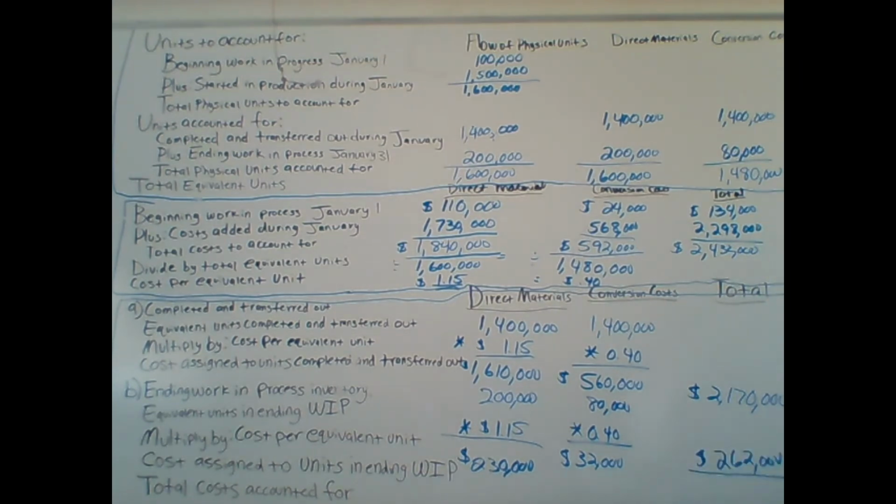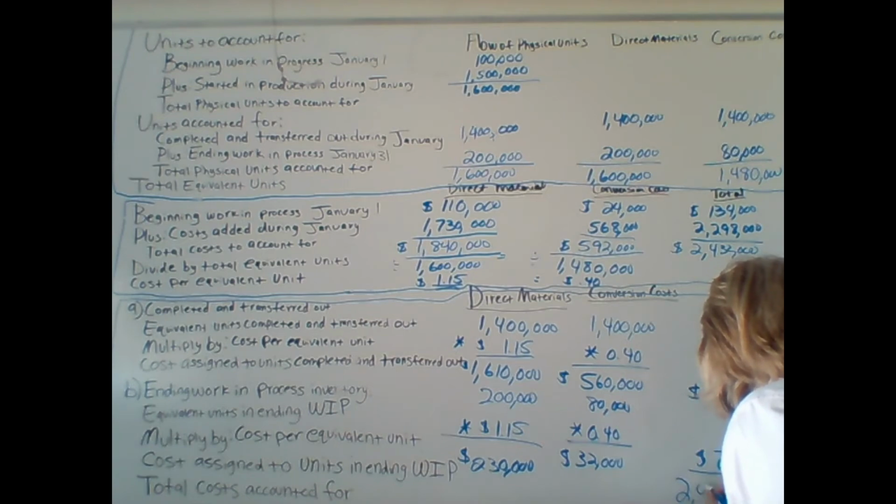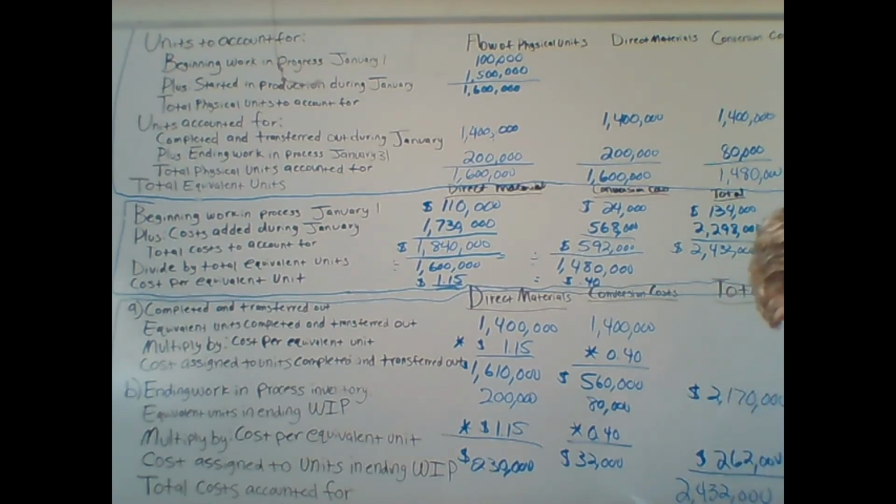Total costs accounted for. I am going to add the 2,170,000 plus the 262,000, and that gives me 2,432,000. Okay, that's a double underline because that is your total.